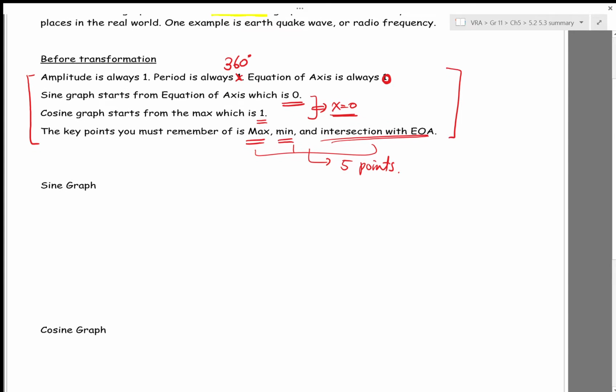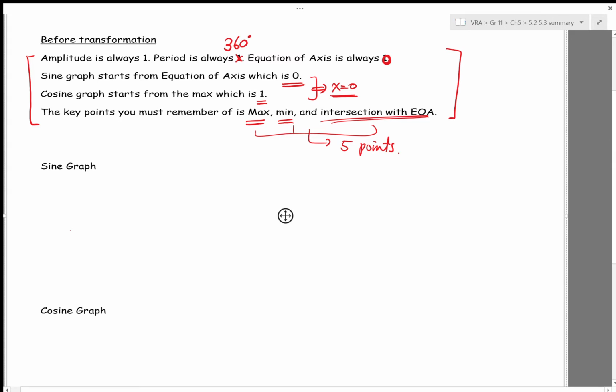So let's go over that with the graph of the sine graph. Now I'm not going to draw the axes anymore. I'll say grade 11, we're smart enough to imagine where the axis is. So the sine graph looks like this, and the equation of the axis goes in the middle like this. The points I want you to remember are these 5 points as I am plotting.